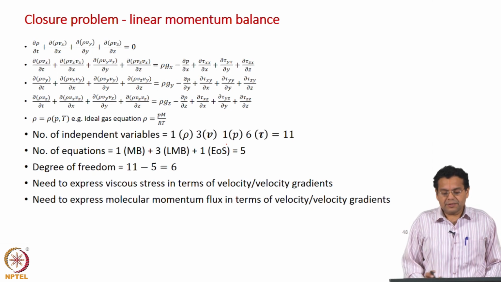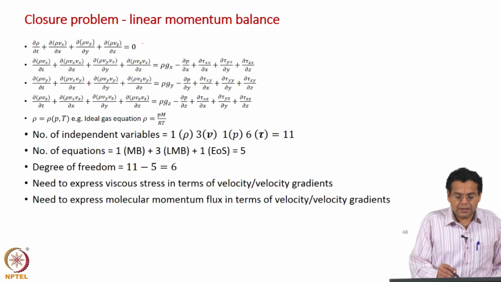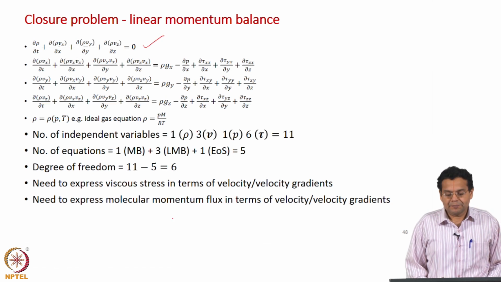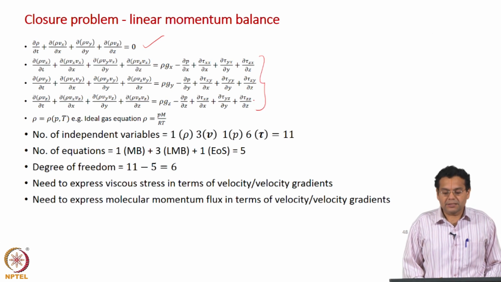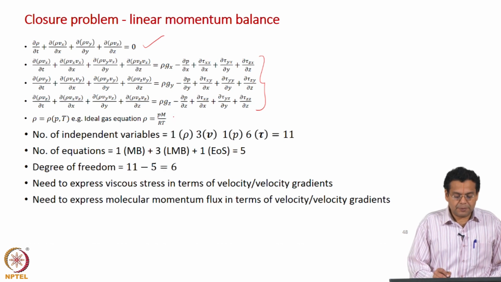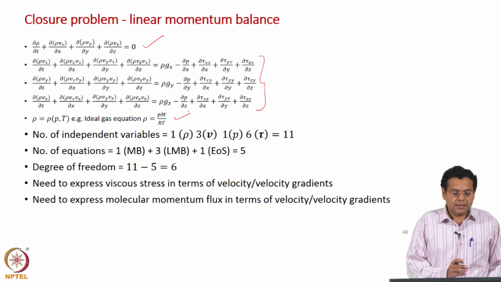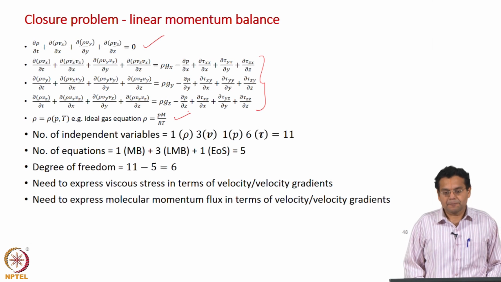This is the slide which we discussed after deriving the linear momentum balance equation. We listed the continuity equation, we listed all the linear momentum balance equations in the three directions. We also expressed the equation of state as density as a function of pressure and temperature.